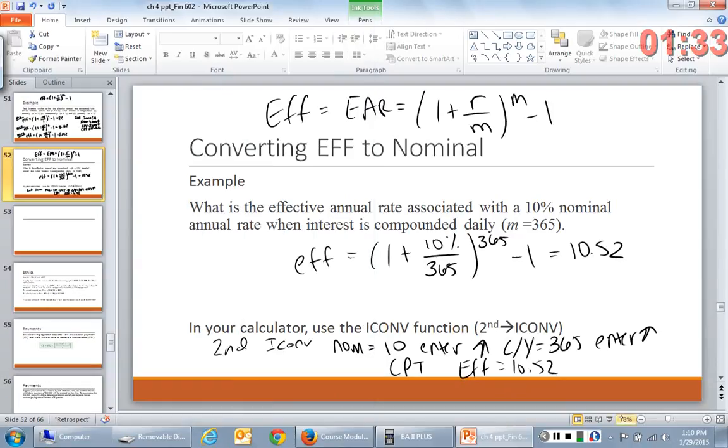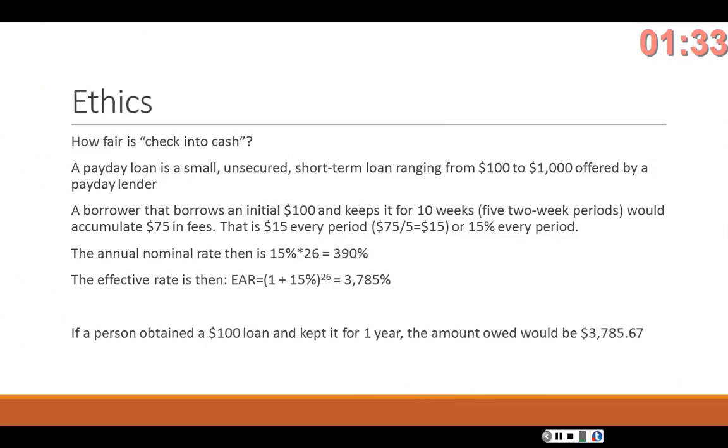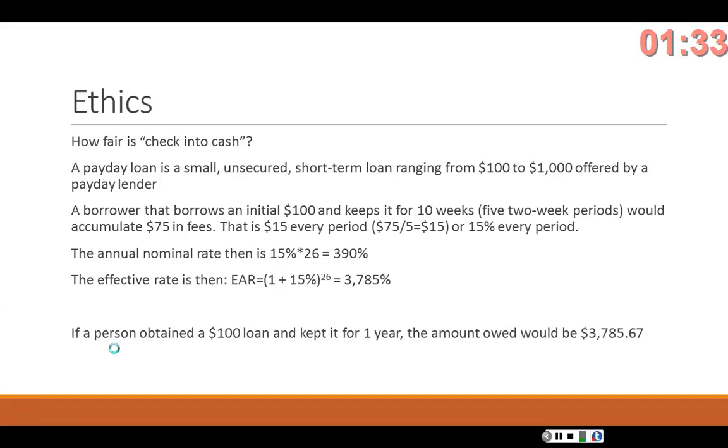So here's just a fun little thing to do. Looking at how fair is checking to cash. You know, one of those places will give you a payday loan. A payday loan is a small unsecured short-term loan. It usually ranges between $100 and $1,000.